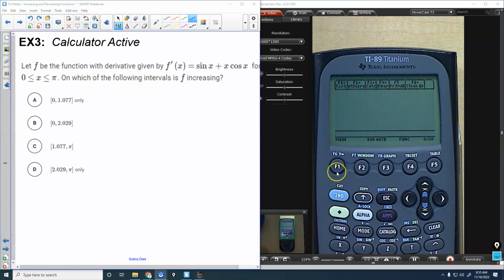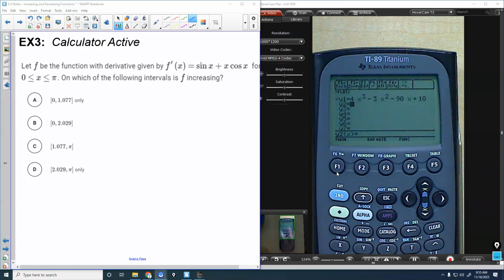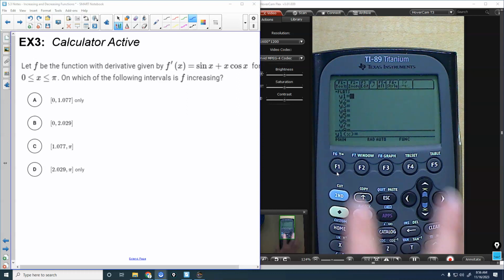All right. Let's go graph this equation. We're going to hit the green button. We are going to do sine x plus x.